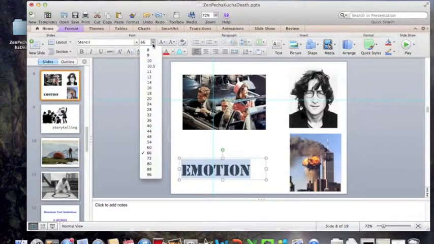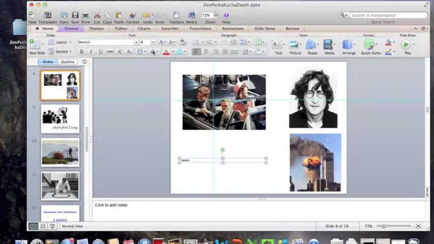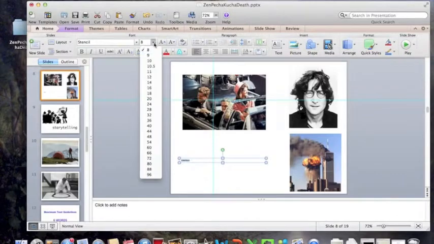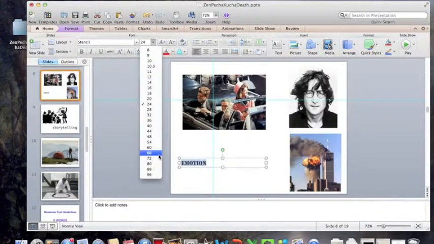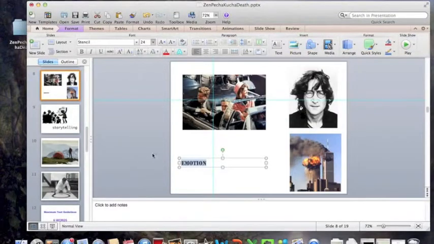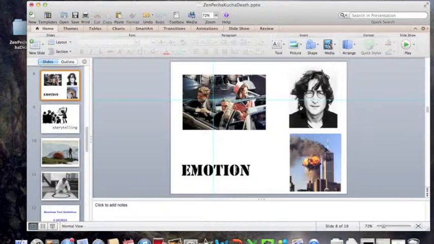We talked about minimums. You put that in an 8-point font, who can read it? No one. Absolutely no one. The minimum font is 24. 24 is readable, not as good as I would like. I always try to go as big as possible, as readable as possible.